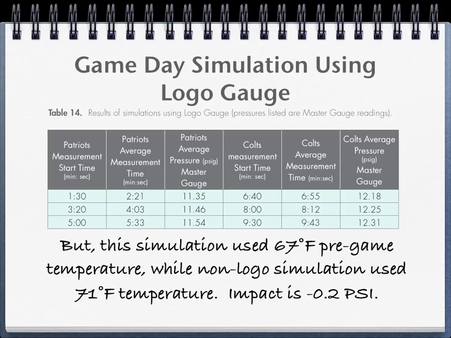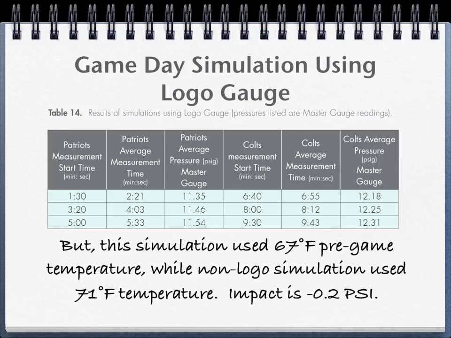And since 1 degree Fahrenheit has an impact of 0.05 psi, the consequence of this is that you can extrapolate the 71 degrees Fahrenheit pre-game temperature by subtracting 0.2 psi. And that's what the next slide is going to present. The simulation has three variants.